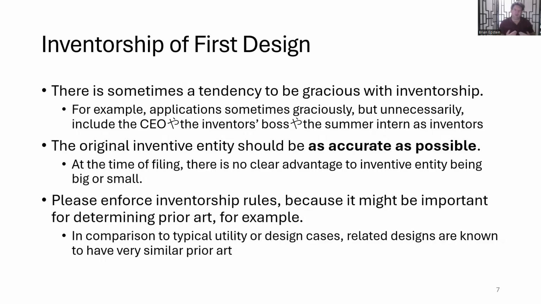Therefore, our suggestion is to enforce the inventorship rules because it might be important for determining prior art, for example. Okay, much more so than a typical utility application or typical design application, because related designs are known to have very similar prior art that may issue. In Japan, related designs are good for 10 years. So this could be something from like 8 years ago. And it'll be very difficult to overcome that when it comes to the United States.